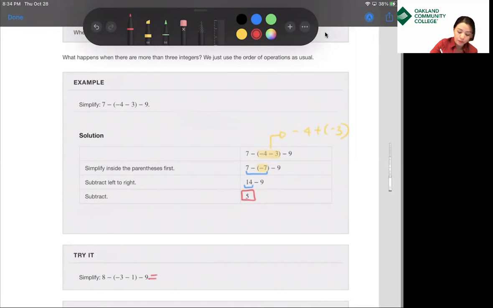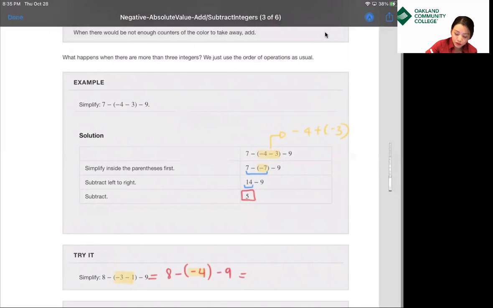Again, I'm going to simplify inside the parentheses first. Negative 3 minus 1 will be negative 4, and then bring over the minus 9. Now I'm going to subtract from left to right. 8 minus negative 4 is 8 plus 4, which is 12. Then bring over the minus 9. 12 minus 9 is positive 3.